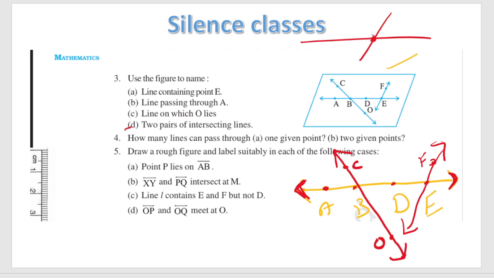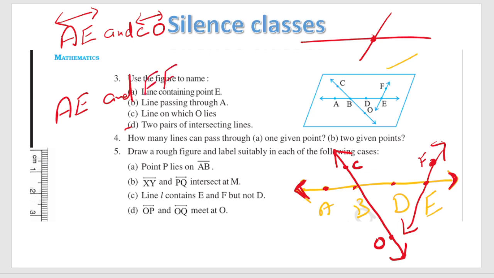AE is a line, and it is intersected by CO, like this. And the second pair is AE again, and it is intersected by FE, because see, the meeting point B is here and meeting point E is here.